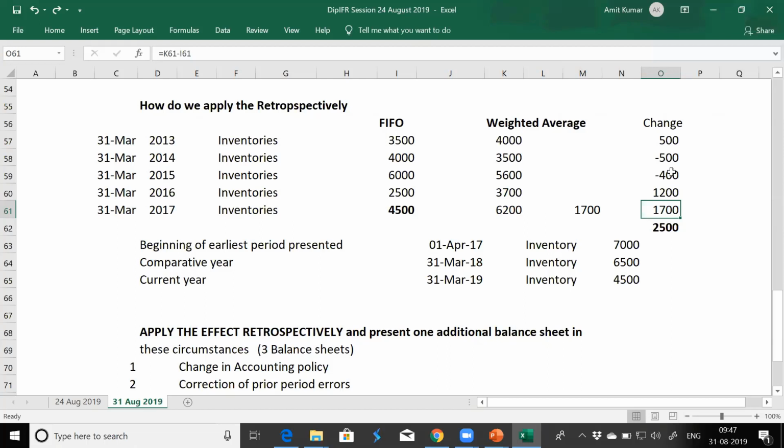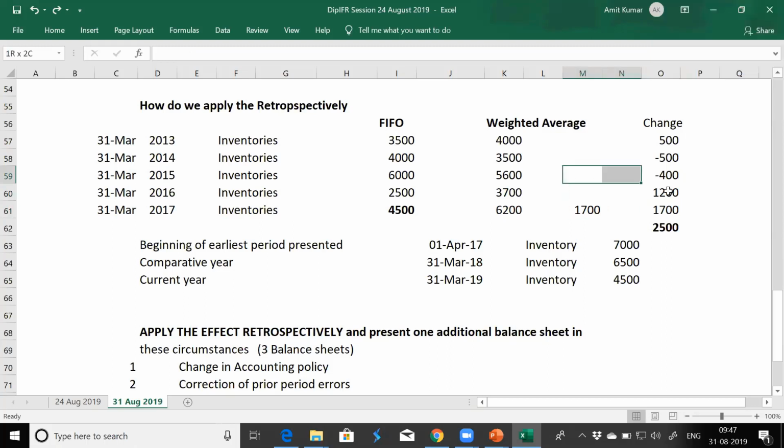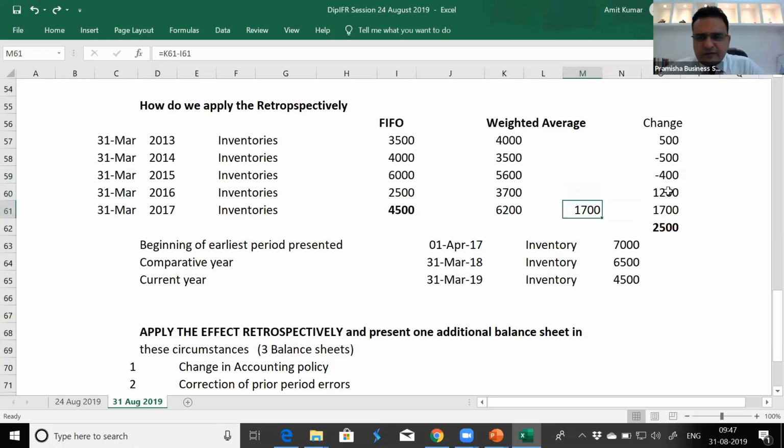I'm talking about the effect of this. Actually, 500 is knocking off the entire bid. This will be like 6,200 plus this figure, sir. This was 800 till now, and this year 1700 difference. So total difference 2500. Yes, sir. This is 800 difference. Then 1700 of 31st March 17, total cumulative difference till 31st March 17 is 2500.